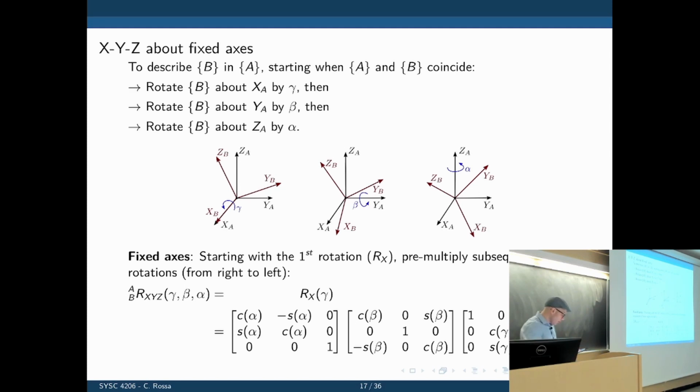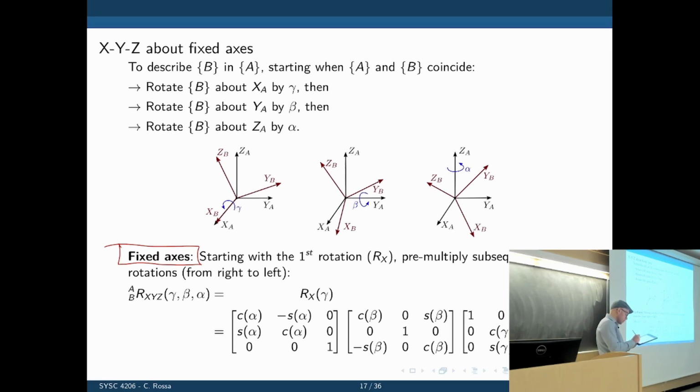So whenever you're talking about a fixed axis, if you want to find the final rotation matrix, we start with the first rotation and pre-multiply the subsequent rotations. So we start with our x, which is our first rotation, by the amount of gamma.